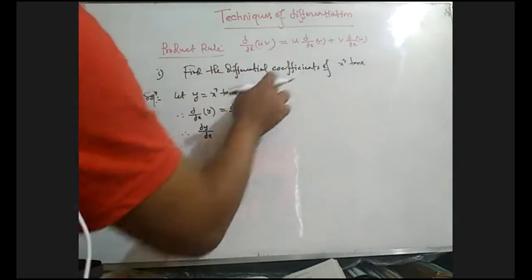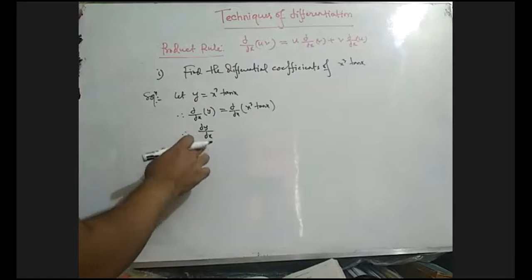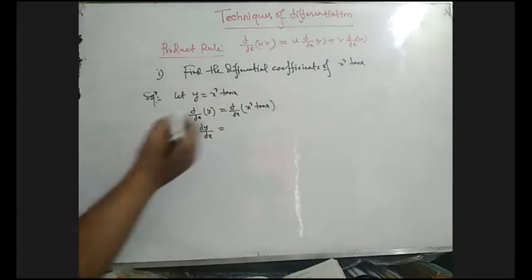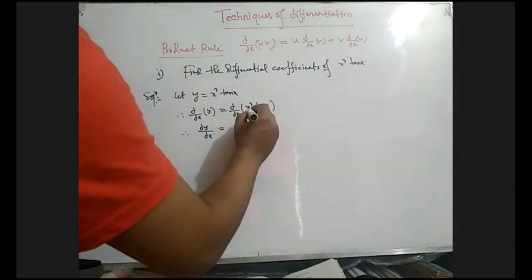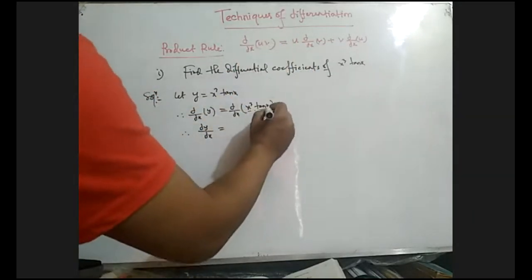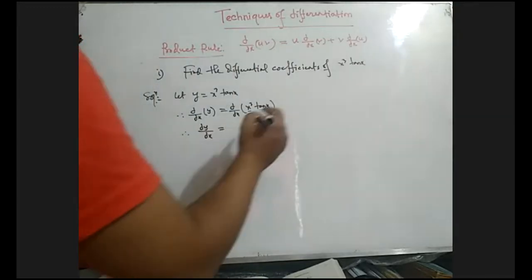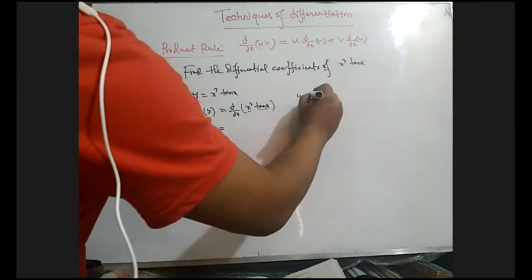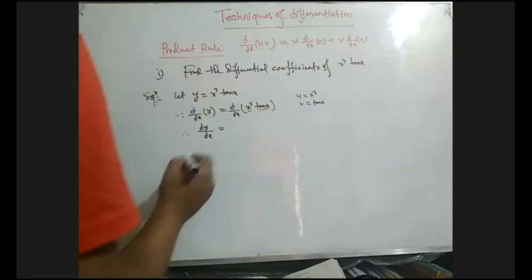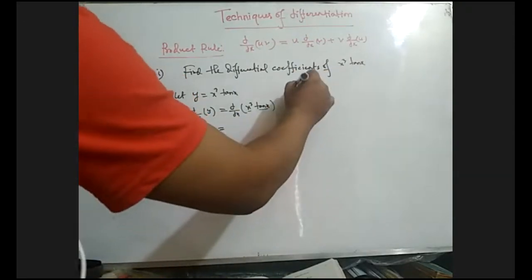Differential coefficient means what? dy/dx. Remember it. Differentiation of y with respect to x. So here u equals the first function x cube and v equals what? 10x. So here u equals x cube and v equals 10x. Okay.